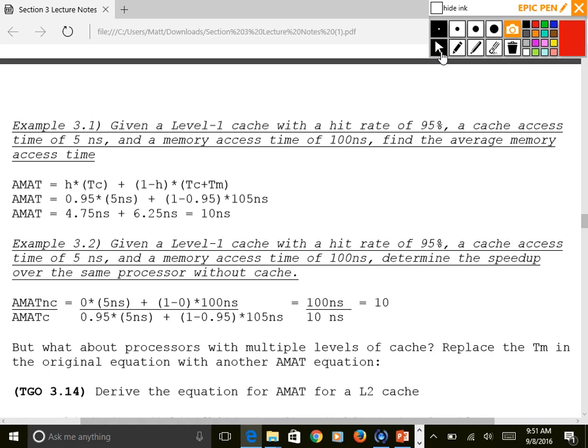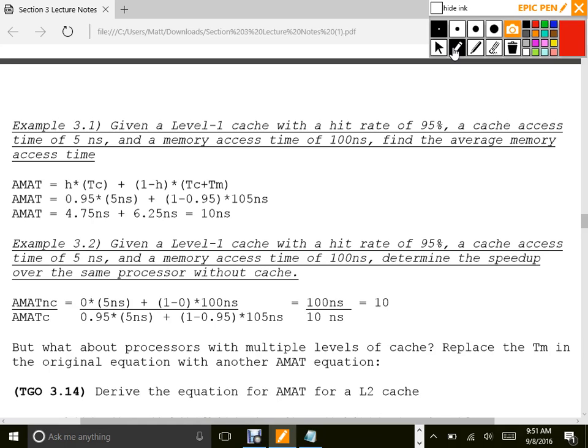So use our equation from before. We know that hit rate times the access time plus the miss rate, which is 1 minus h, times cache plus miss. So in this case, 0.95 times 5 nanoseconds, that means 95% of the time, it'll take us 5 nanoseconds to find what we want, right?